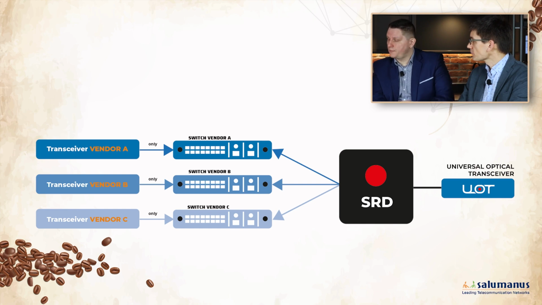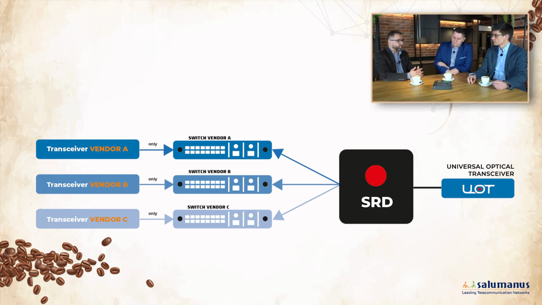It is very important that the transceiver can be vendor agnostic, especially today when sometimes the investor of a certain IT system has to change the vendor of active equipment due to a shortage of availability of another vendor.